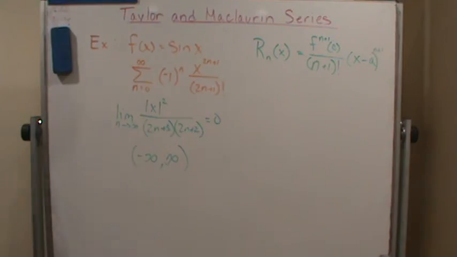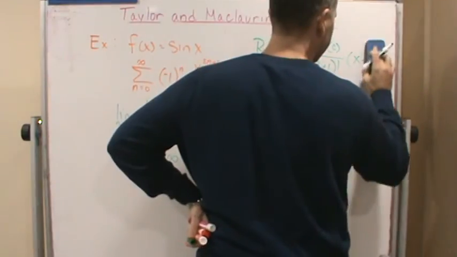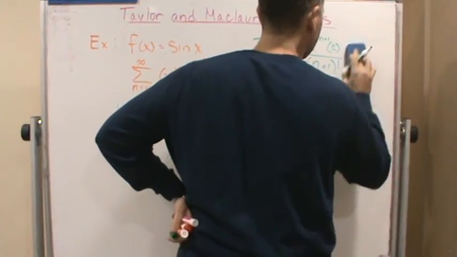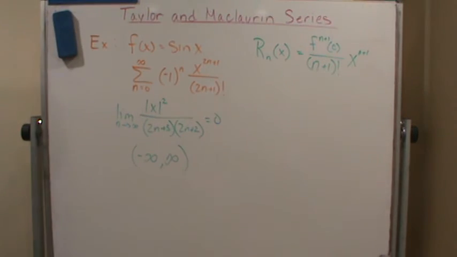Oh no, I'm sorry, we're talking about Maclaurin series. Got it. So this is x to the n plus 1. It's a Maclaurin series. So we know that this has to be true, right? So for some value of c from 0 to x.